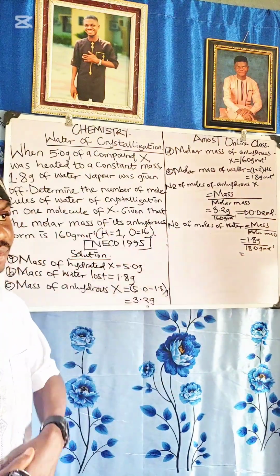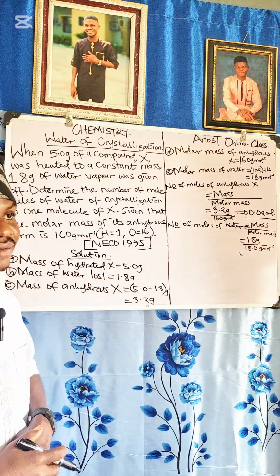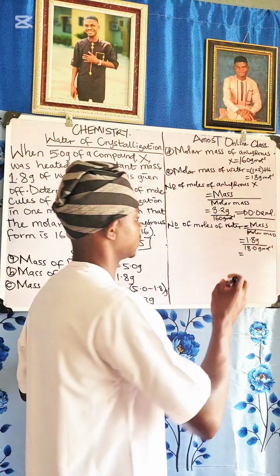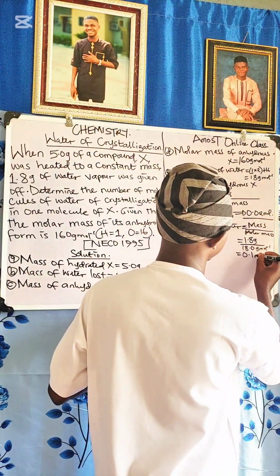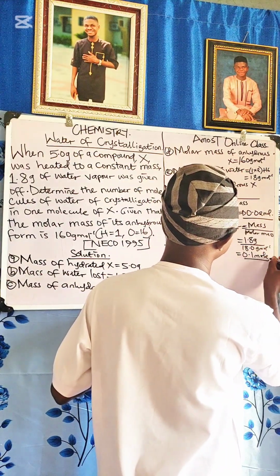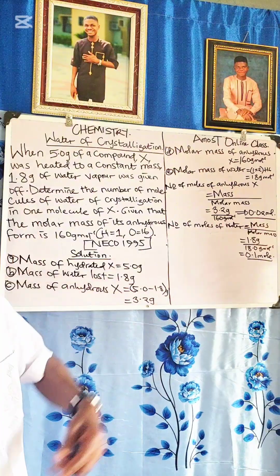So 1.8 divided by 18.0, we're going to have 0.1 moles. And that is the number of moles of water.